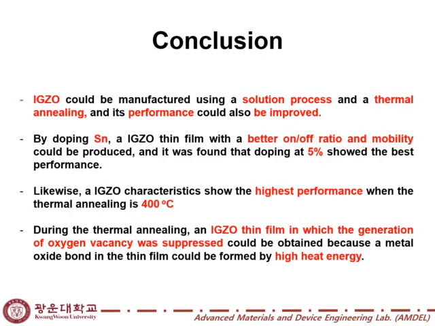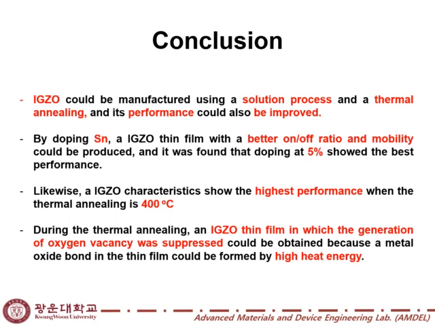To summarize the presentation, first, IGGO could be manufactured using a solution process and a thermal annealing, and its performance could also be improved. Second, by doping tin, an IGGO thin film with a better on-off ratio and mobility could be produced, and it was found that doping at 5% showed the best performance.